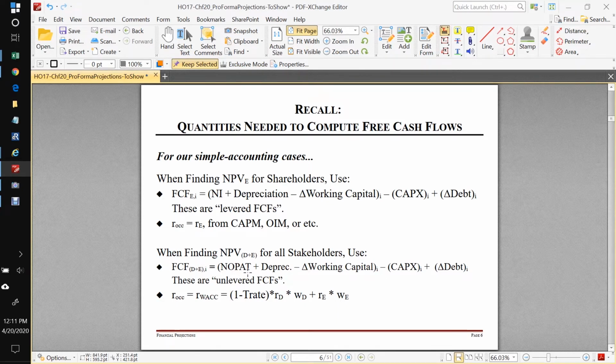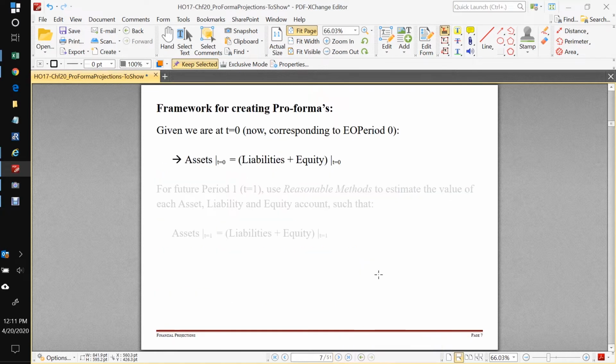We have NOPAT, our net operating profit after tax, which is EBIT minus tax on EBIT, plus again depreciation, changes in working capital, et cetera. So to get all these numbers in the future, we're going to have to use pro forma financial statements and pull these quantities that we want out of those projected future financial statements.